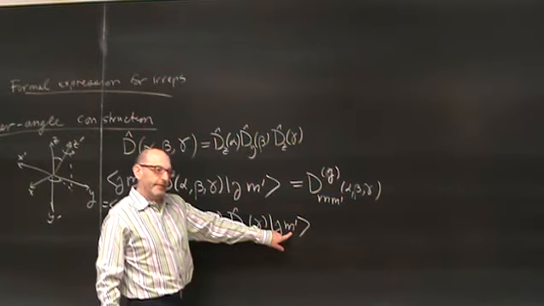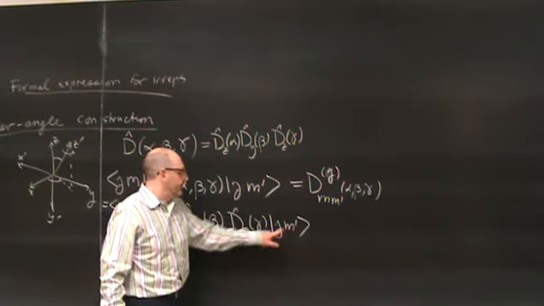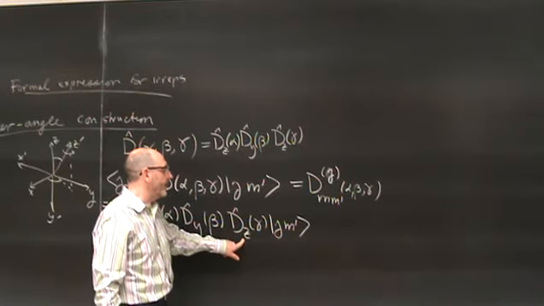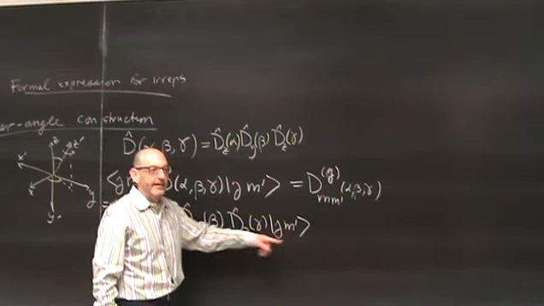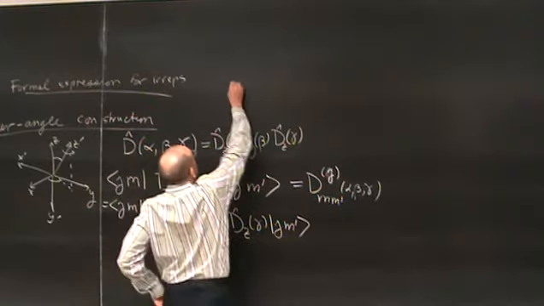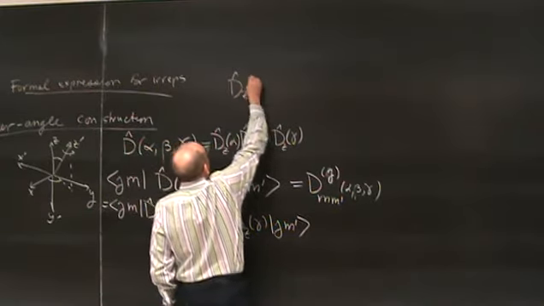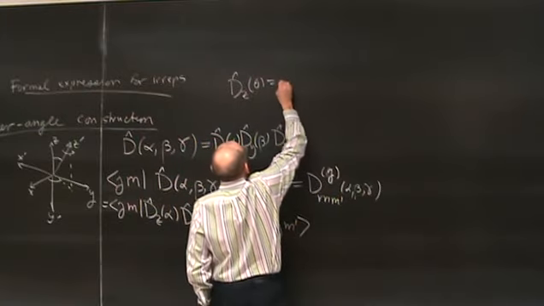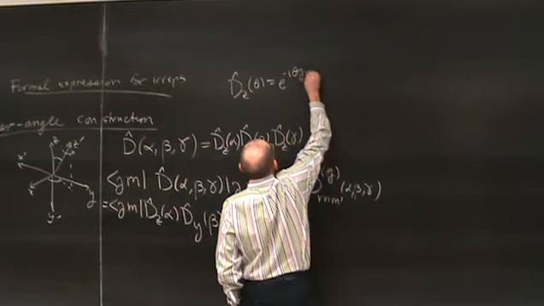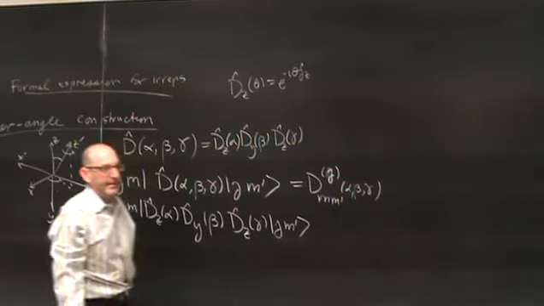These are eigenstates of JZ. So what is the action of a rotation operator around the z-axis acting on that? It's a phase, right? Because the rotation about z by theta is e to the minus I theta Jz. That's what that means.